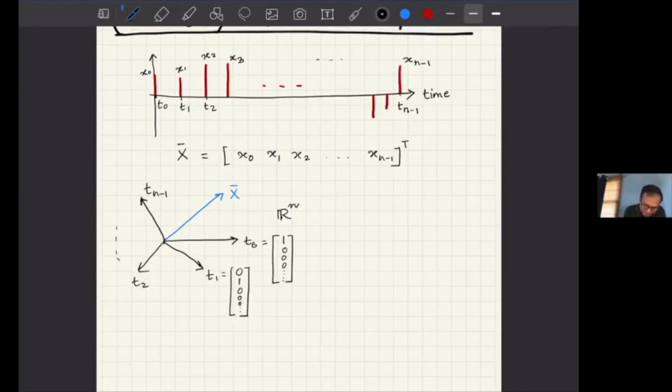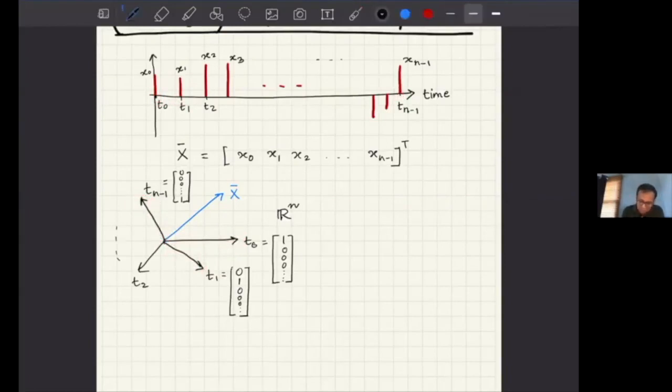And all the way tn minus 1 can be written as 0, 0, 0 till, and the last one being 1. In other words, this vector t0 corresponds to this time. This vector t1 corresponds to this time. And finally, this vector tn minus 1 corresponds to this time.